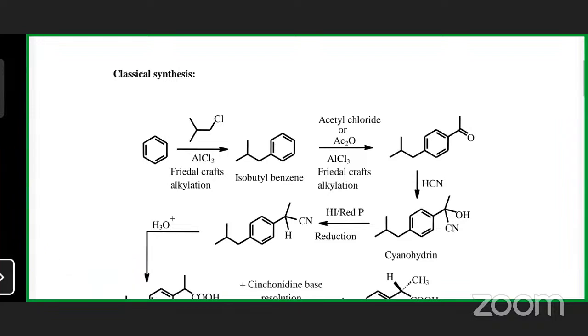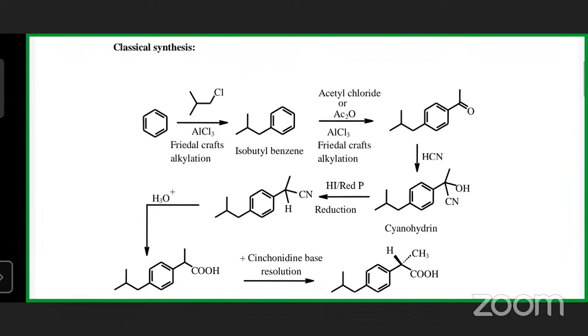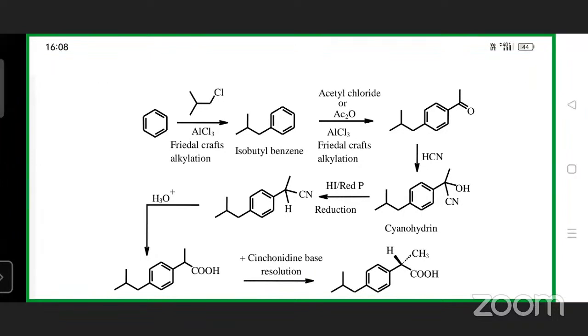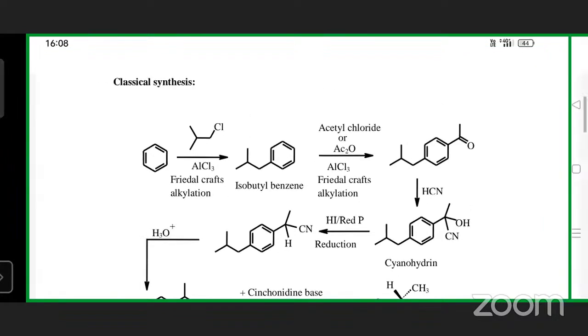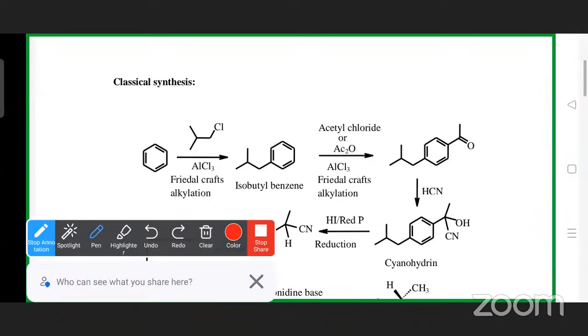This synthesis begins with benzene. First you take the benzene and do the Friedel-Crafts alkylation by taking isobutyl chloride, where the isobutyl group attaches on the benzene ring.